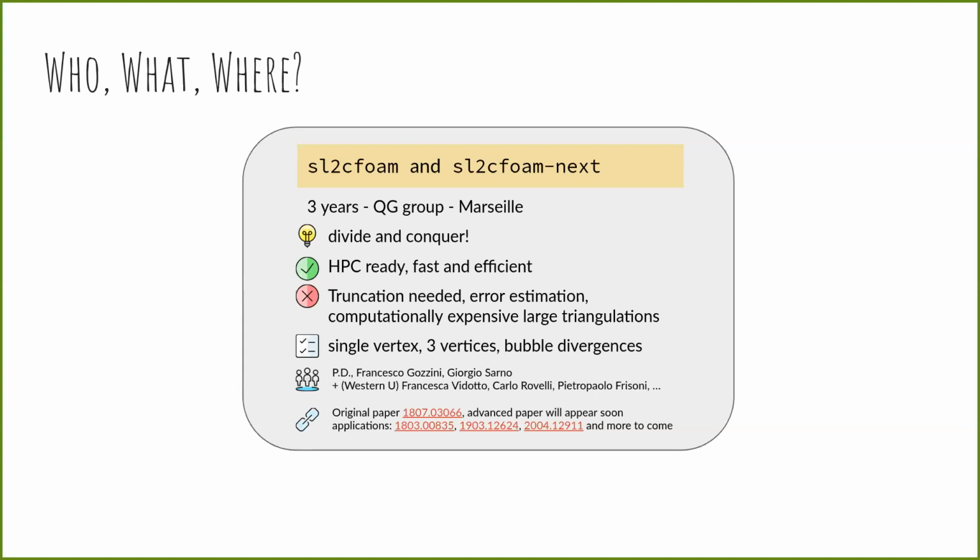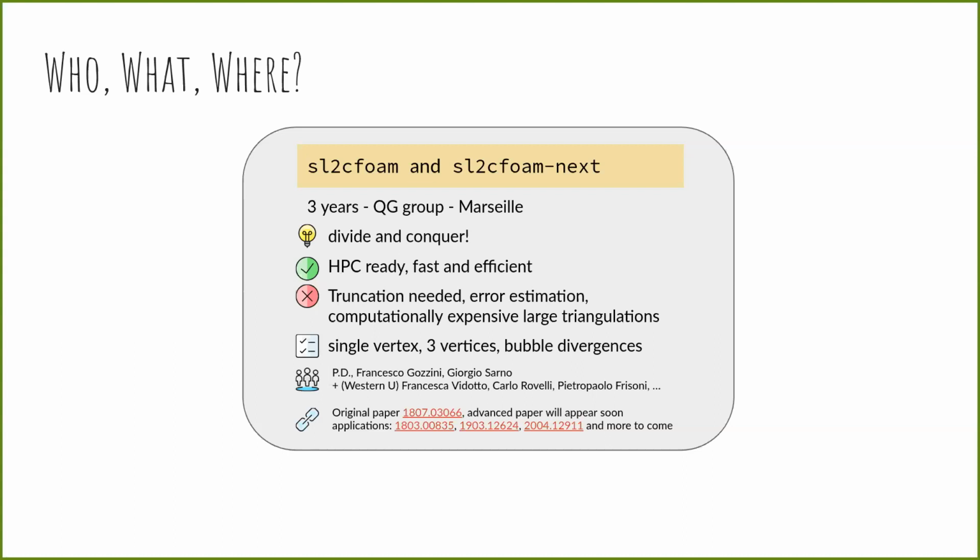This is a work that has been going on for the last 3 years, almost 4, mainly here in Marseille in the quantum gravity group. The basic idea behind this project is the so-called divide and conquer. With that, I mean, to compute the spin-foam amplitude, we divide it in very small pieces. We compute each one of them, and then we reassemble everything at the end.